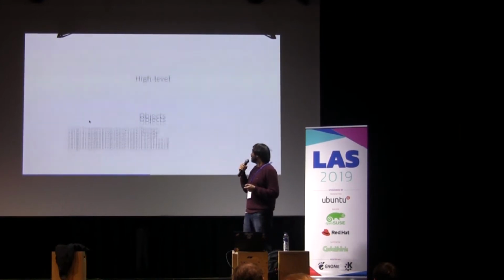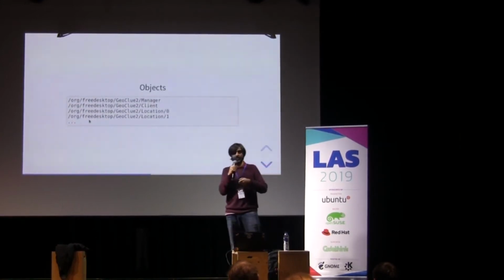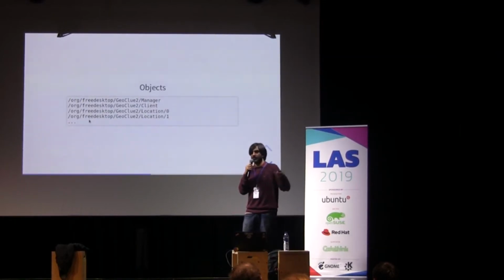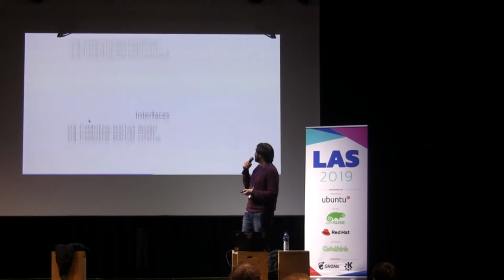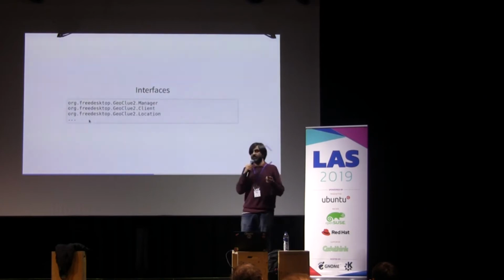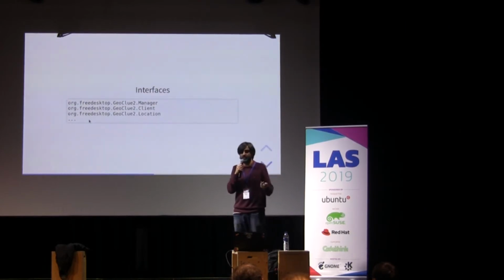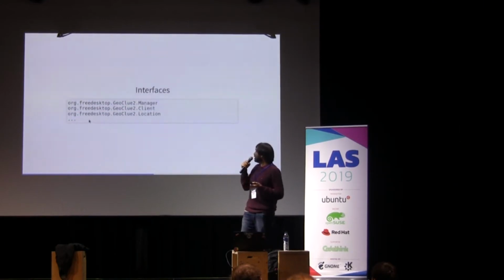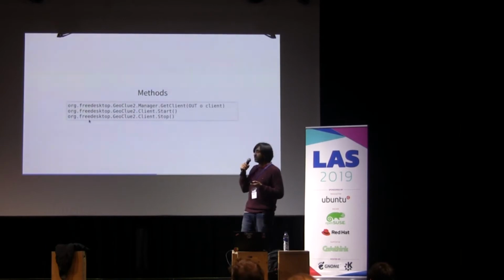And on the high level, you have objects. When you connect to a service, you talk to a specific object or objects in that service that it exposes. These are the ones for GeoClue that you talk to, and these objects implement something called interfaces. It's very similar to the interface concept in programming languages. And the API you have is on the interfaces.